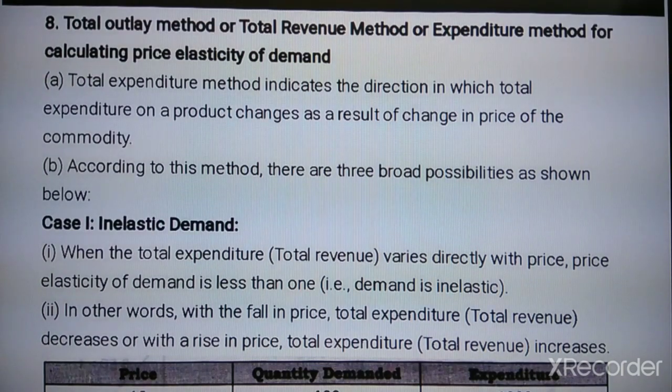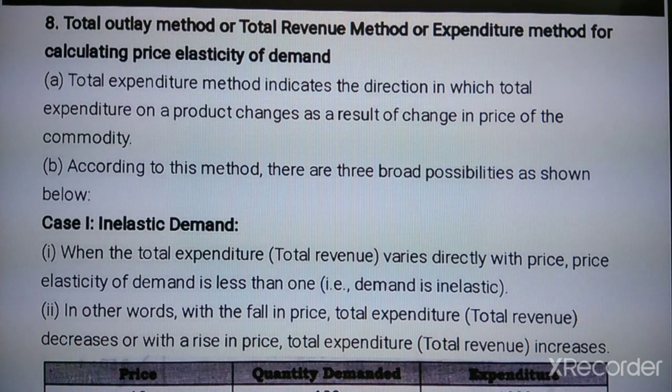Now the next method of calculating price elasticity of demand, we call it the total outlay method or total revenue method or total expenditure method, right? So the total expenditure method indicates the direction in which total expenditure on a product changes as a result of change in the price of the commodity.